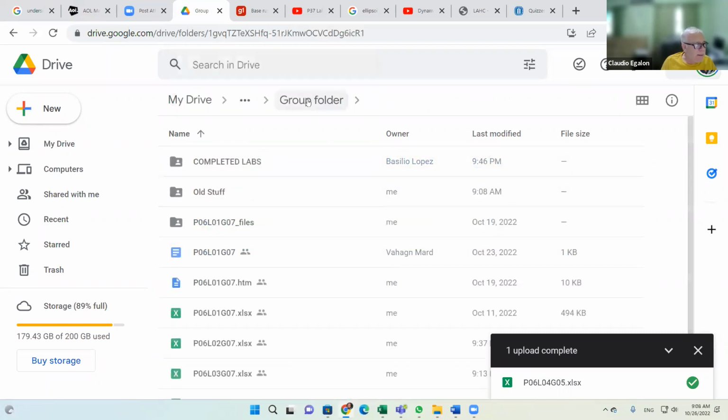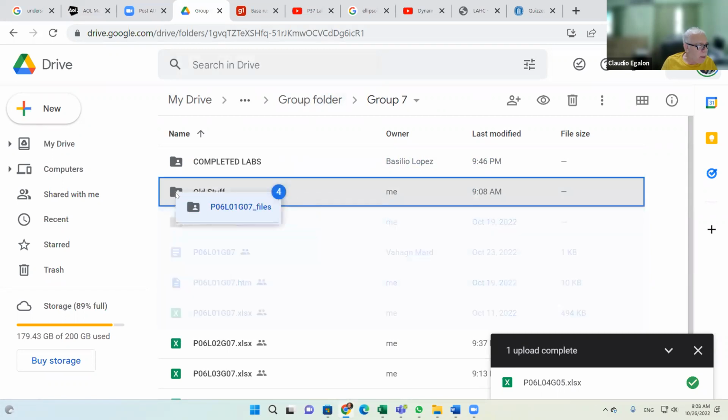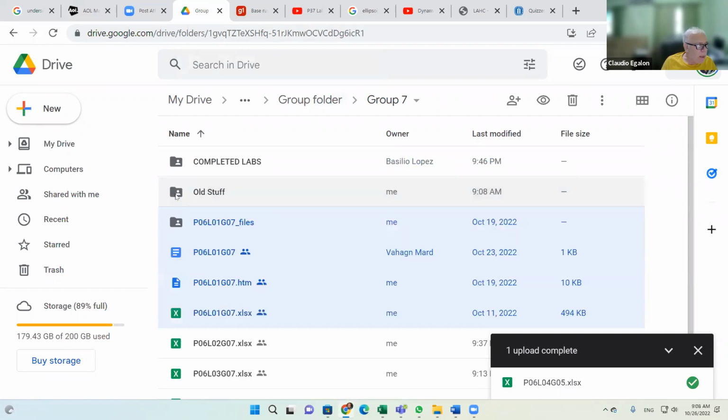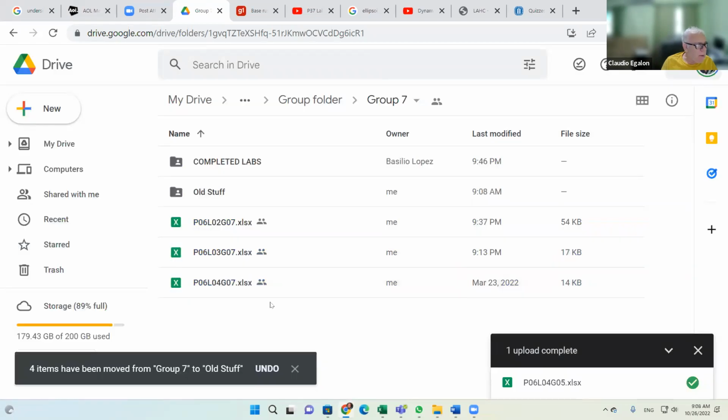But before we do that, let me put the old stuff there. Everything that's lab 1 related, I'll put there. Okay, now we do not need 2 and 3, right? Because we submitted the complete lab.